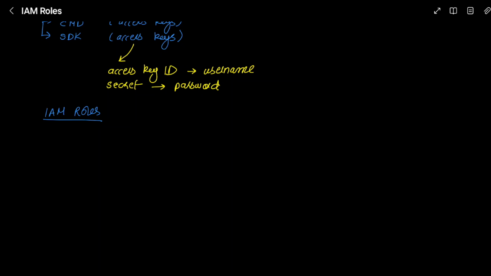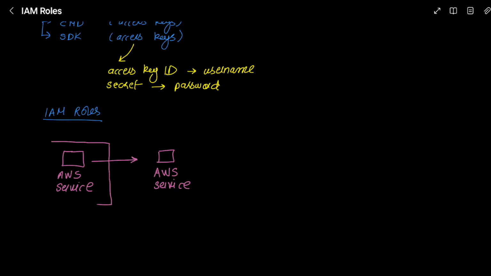Let's try it with a different approach. So here's your AWS service. It can be any service. And if it needs to access another AWS service, and this particular AWS service can be engulfed by some network restrictions, or it can just be encapsulated within a different network completely, in that case, having a role would make more sense.